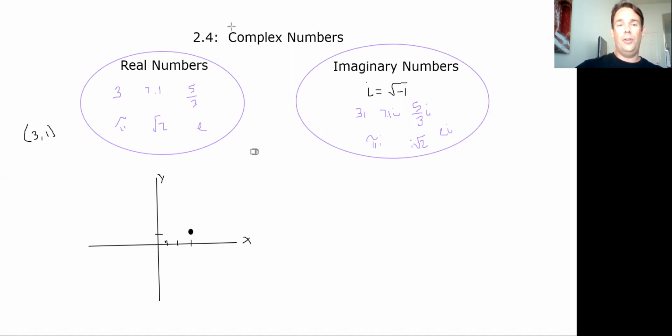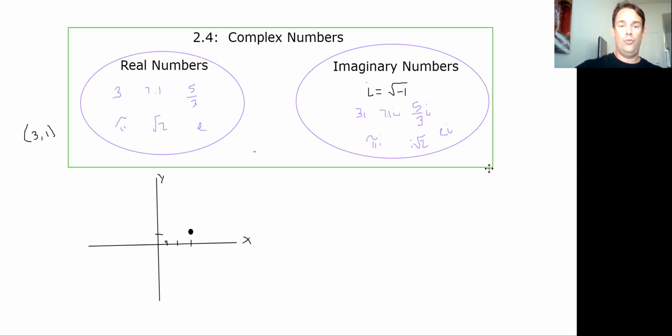Well, complex numbers, which is what we're talking about today, is that idea of taking those and putting them together. So complex numbers are anything that has the form a, the real number, plus bi, the imaginary number.